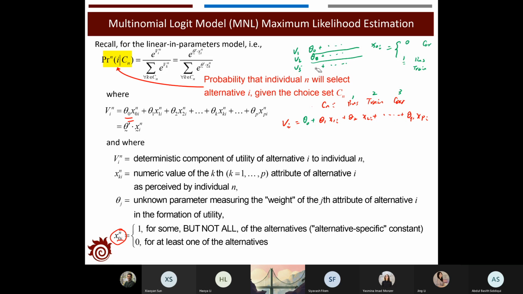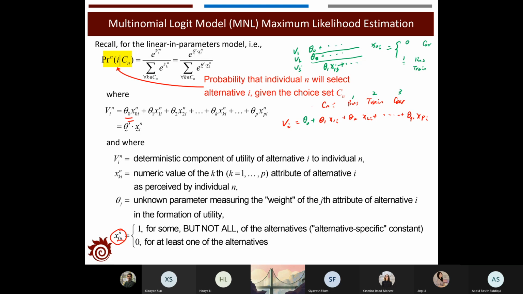But for mode 3, we will not have theta 0. Instead, we start with theta 1 x1 plus something. With that, you will have a meaningful comparison between the bus and the car, and the train and the car.